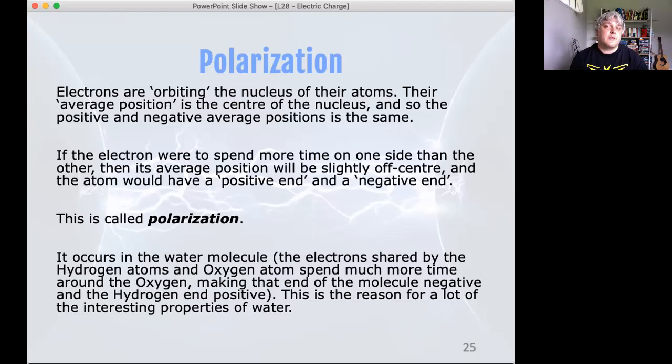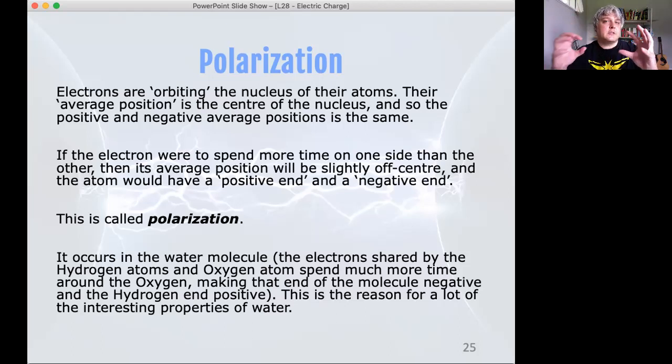One of them is the chemistry involved in forming some molecules, and water is the classic example. In water, hydrogen shares its electron. Hydrogen has a single electron, remember, but it shares that electron with oxygen. So here's your hydrogen, here's your oxygen. The electron gets shared by hydrogen to oxygen, but the electron will spend a lot more time around the oxygen.